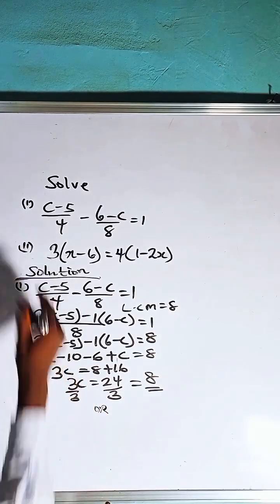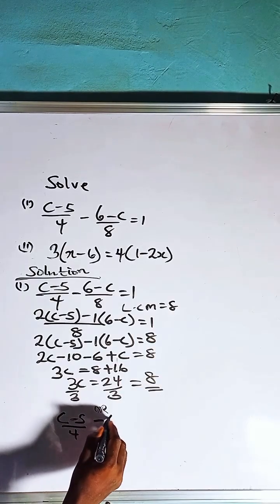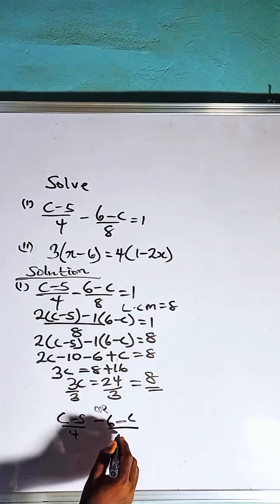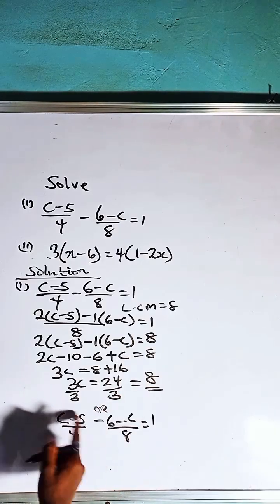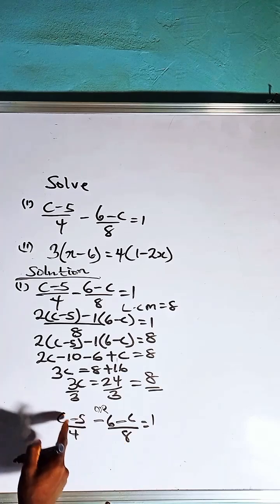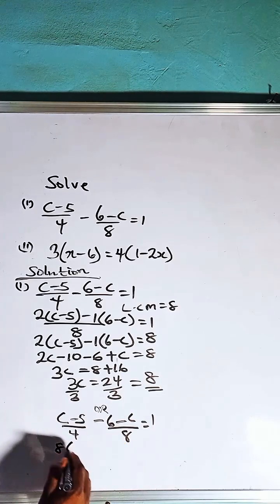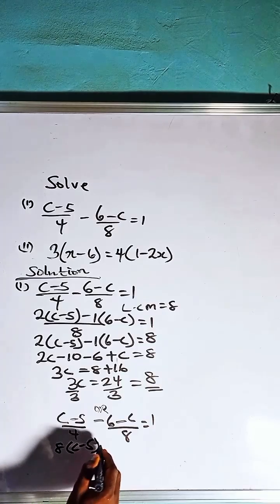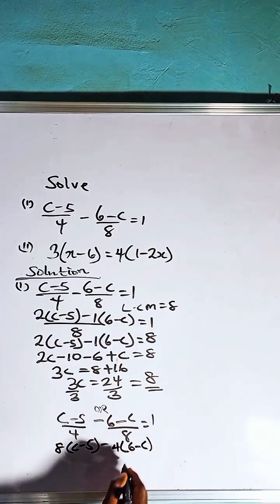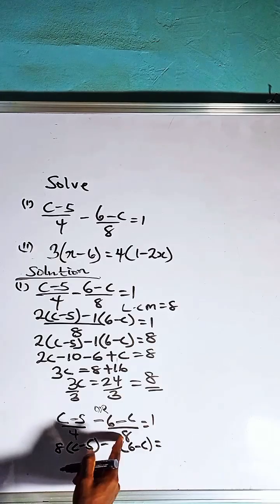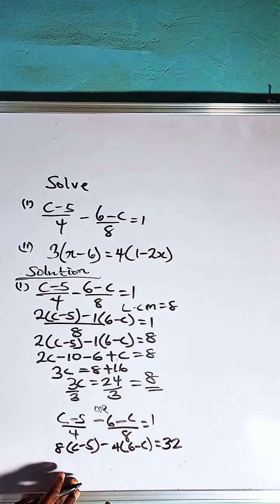So we have (c minus 5) over 4 minus (6 minus c) over 8 equals 1. We can also decide to cross multiply. So we have 8 into (c minus 5) minus 4 into (6 minus c) equals, and 4 times 8 is 32, so we have it as 32.